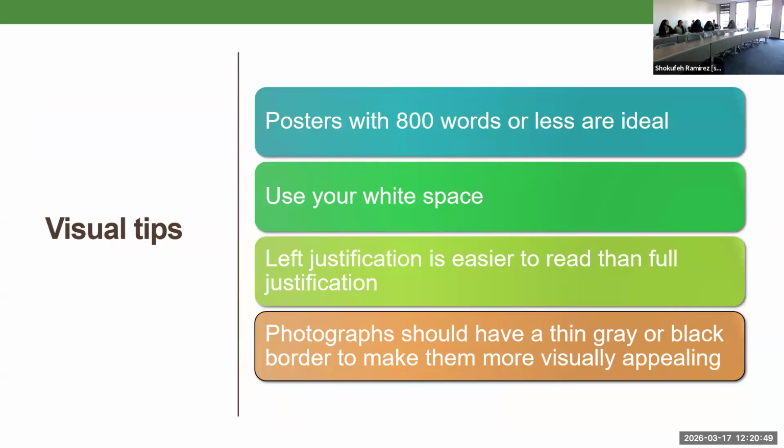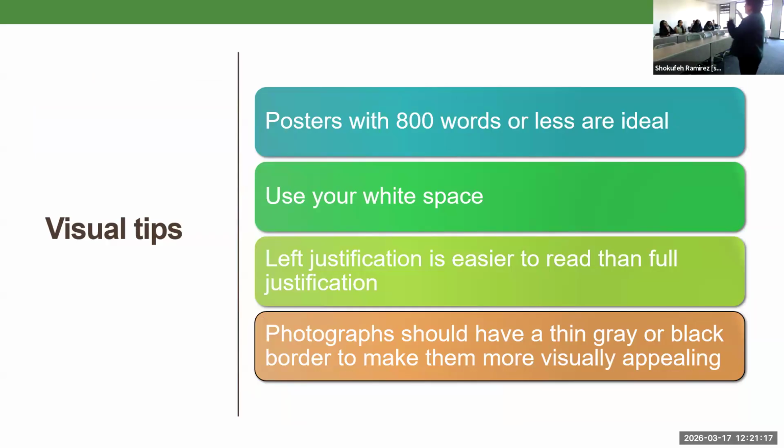So some visual tips: posters with 800 words or fewer are ideal. Use your white space. Don't be afraid to have white space. Left justification is easier to read than full justification. That means all of your words line up on the left only, not the left and the right.